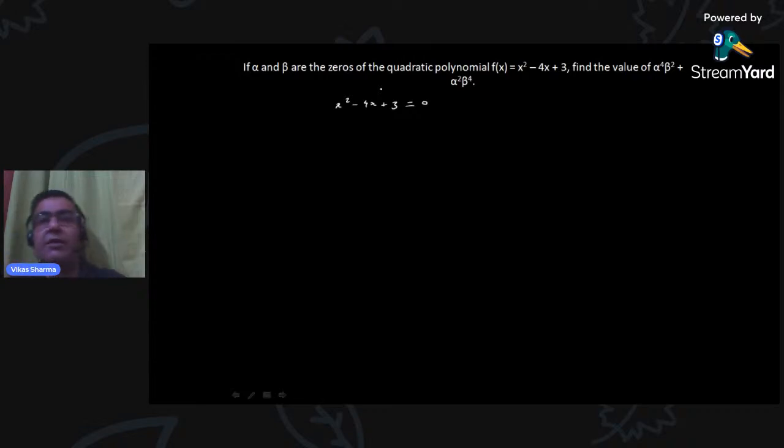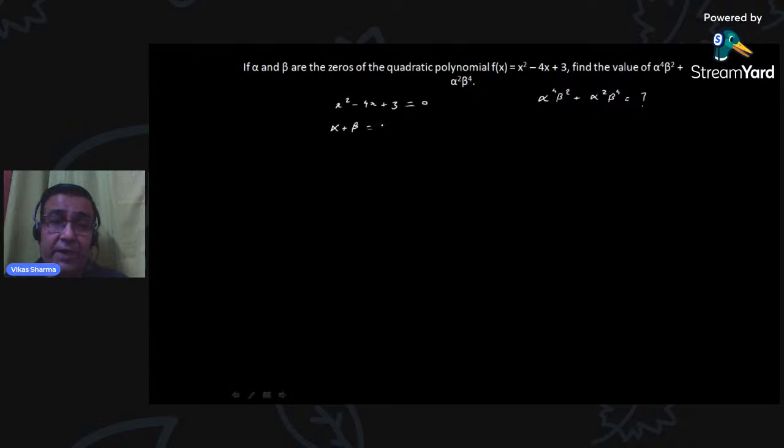Therefore we get the value of alpha also, we get the value of beta also, and then we can find what alpha to the power 4 beta square plus alpha square beta to the power 4 is equal to. The other way of doing it is that I can also write this polynomial. So if this is the equation that we have, that means alpha plus beta we know is negative b upon a.